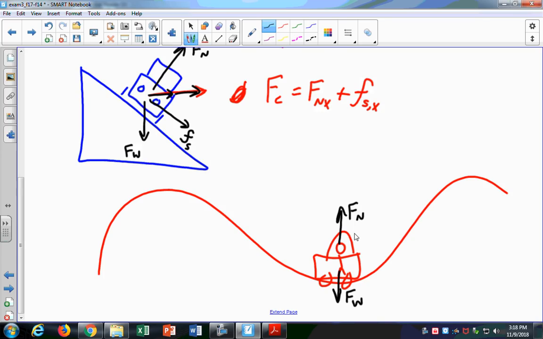We need to be adept at writing the force diagrams and Newton's second law. The sum of the forces is Fn minus Fw, and that equals m times the centripetal acceleration. In this case, that centripetal acceleration is positive.